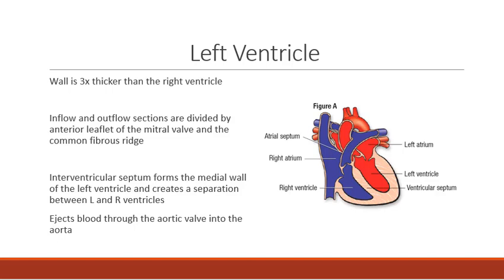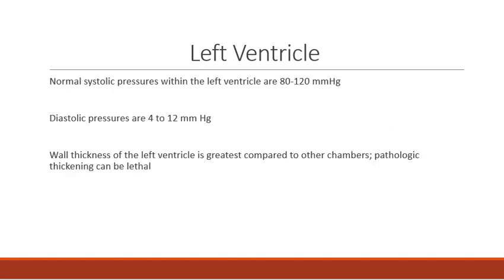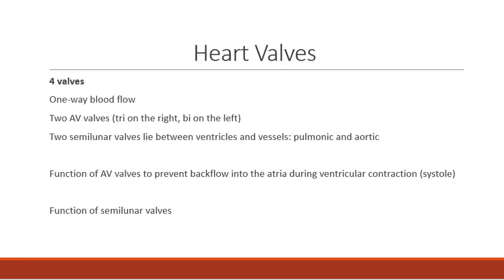The left ventricle ejects blood through the aortic valve into the aorta. Normal systolic pressures within the left ventricle are 80 to 120 millimeters of mercury. Diastolic pressures are 4 to 12 millimeters of mercury. Wall thickness again of the left ventricle is greatest compared to other chambers, but pathologic thickening can be lethal.